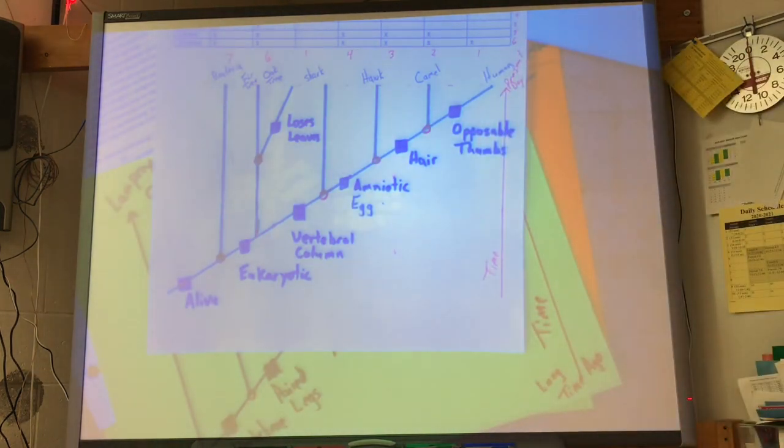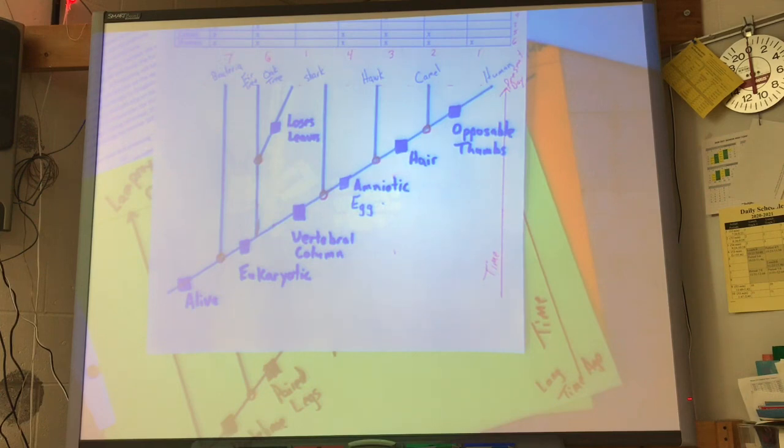Who is the closest relative to the hawk? Wait, don't answer that question. What's the closest relative, first cousin, sister, what's the closest relative to your second cousin?